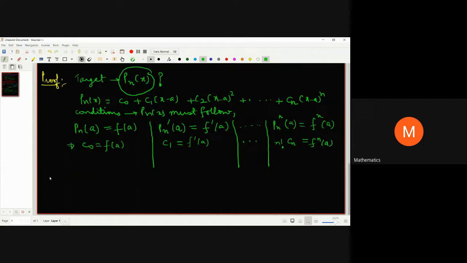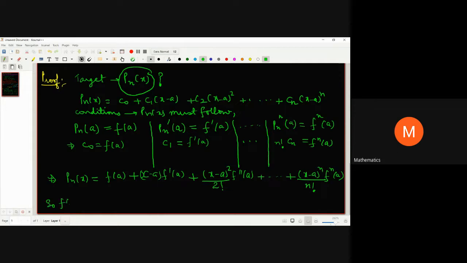So this leads us to P_n(x) = f(a) + (x-a) f'(a) + (x-a)^2/2! f''(a) and so on, plus (x-a)^n/n! f^(n)(a). So the function f(x) is approximated by this polynomial.